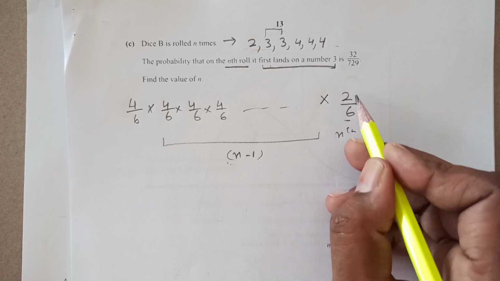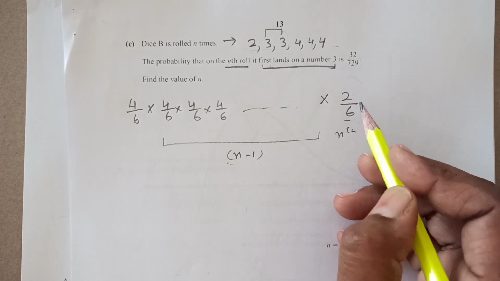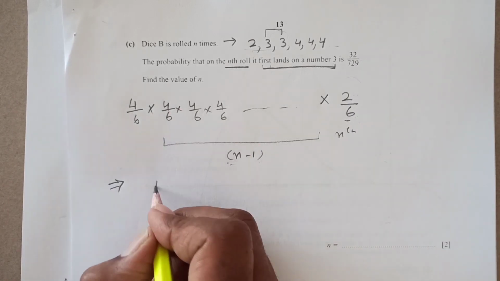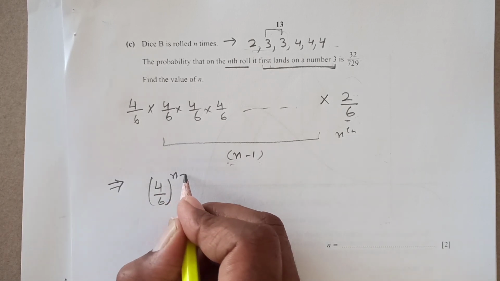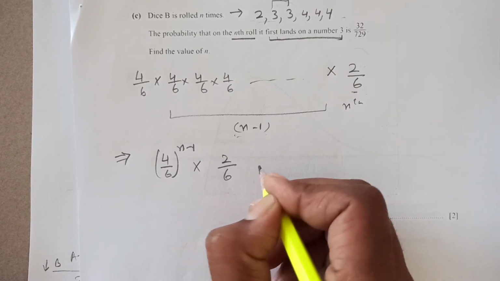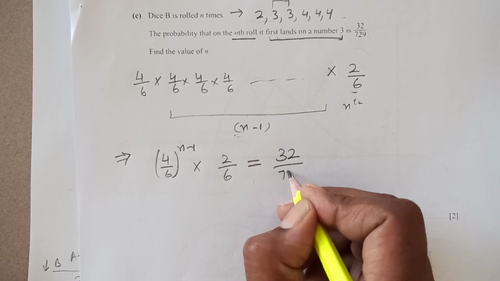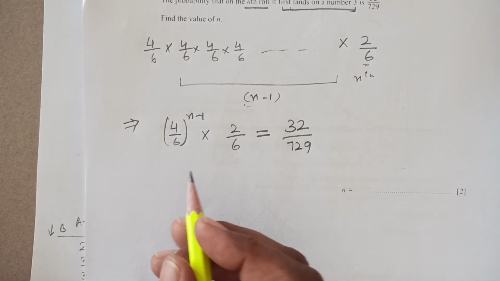The final one is when you get number 3, which has probability 2 over 6. This probability is given to us as 32 over 729. Now we will just simplify to get n.